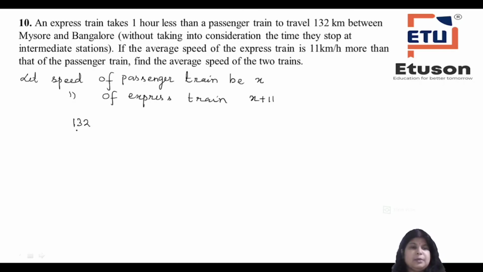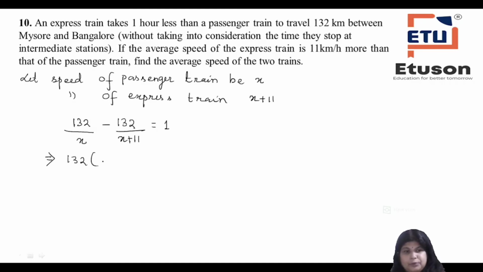So now according to the previous statement, you can form the algebraic expression. The distance covered is 132. So 132 divided by x, that is time taken by the passenger train, minus 132 divided by x plus 11, which is time taken by express train, is equal to 1. So now let us solve it. So you will get 132 into x plus 11 minus 132 into x is equal to x into x plus 11.